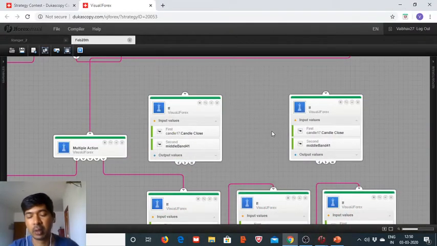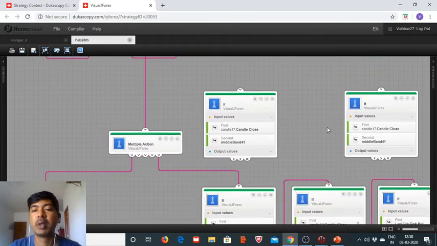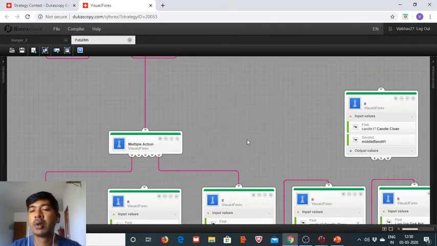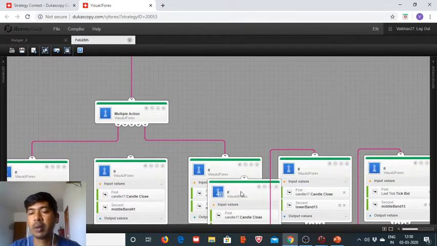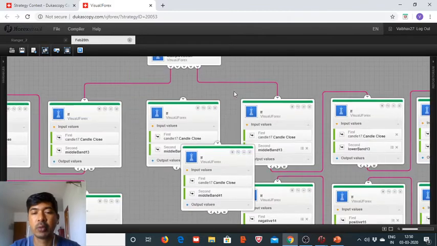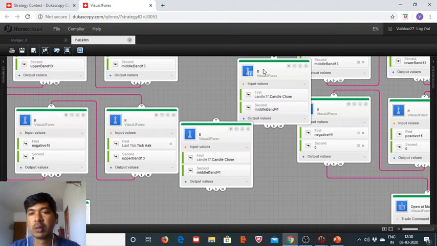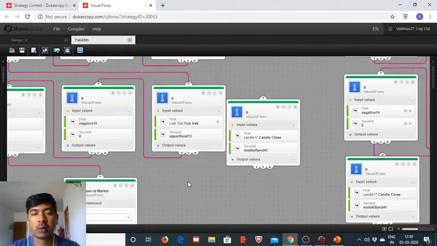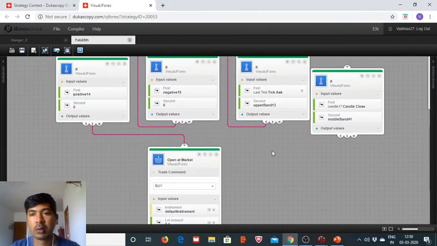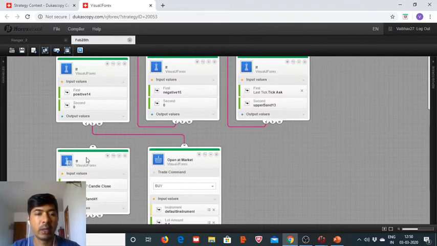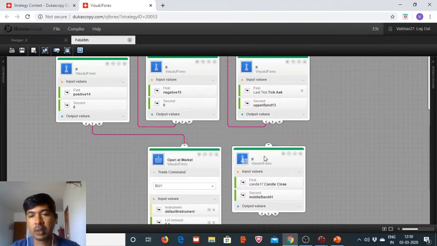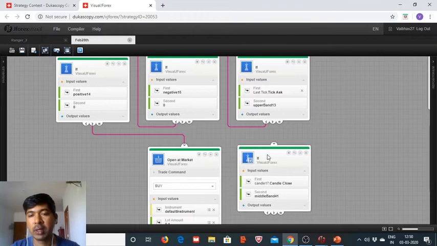So we are not much bothered about the deviation from the middle band of the 4 hourly time frame. So we simply add these two conditions. We will add it here. I think here it will look more aesthetic.